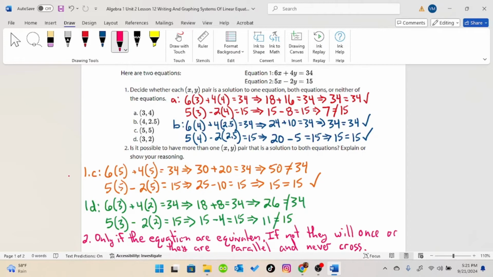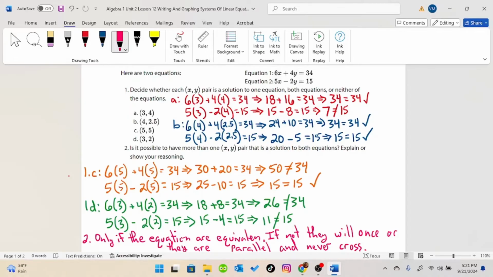These are linear equations. If the lines are equivalent, then they will have the exact same answers and they will be the exact same line. So they will have an infinite number of solutions. If they are not equivalent, then there are only two choices.